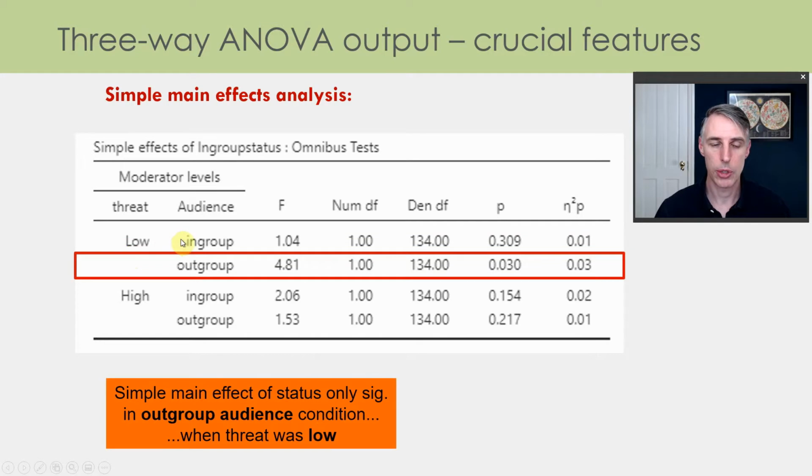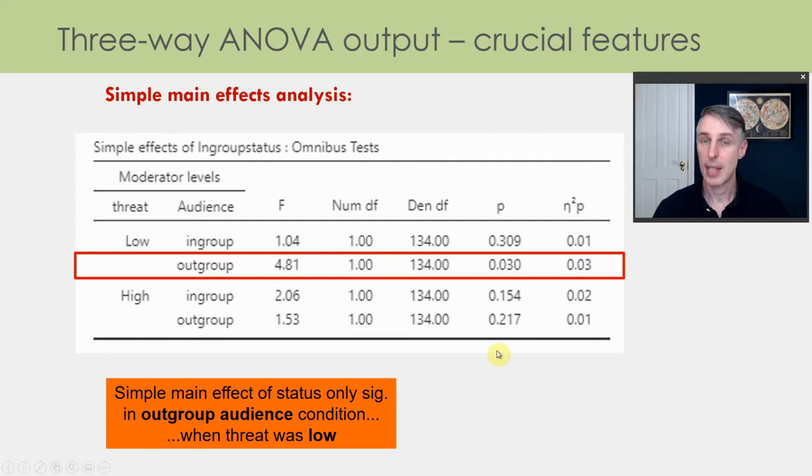Now what we can see is that in those 4 combinations, the simple main effect of status is, as the prediction might have suggested, only significant in the out-group audience condition when threat was low. Okay, this is the out-group audience condition when threat is low: the F ratio, numerator and denominator degrees of freedom, and the p-value. In each of the other combinations of audience and threat, the effect of status is not significant.